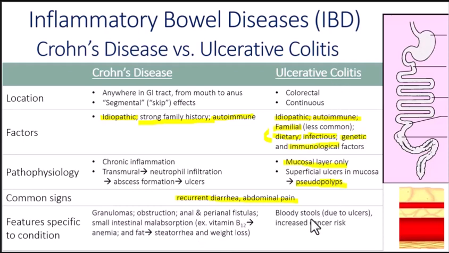Whereas with ulcerative colitis, bloody stools are common, and that's due to the presence of the ulcers, which are in the very much distal part of the colon and the rectum. So we would have more of a fresh blood appearance, hematochezia, versus a digested blood appearance.